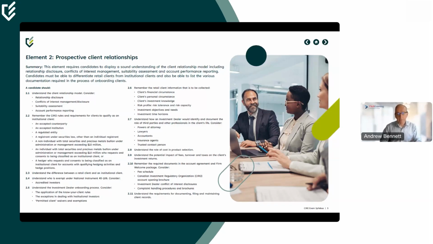When we look at the difference between the two, yes, we've got additional information in 2.9, but there's another key factor to pick up as well. So in the first one, 2.8, it's about the role of cost in product selection. This is before the investor enters into the investment. So questions will be along the lines of, what are we paying for?